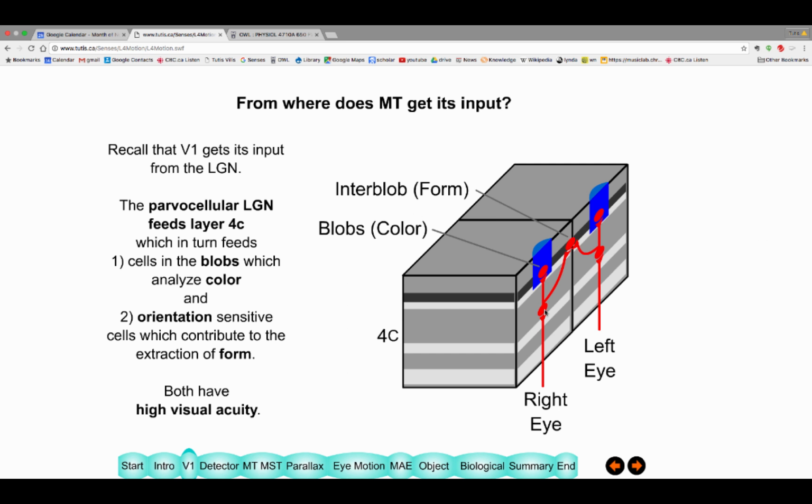We saw also that it goes off to these edges, and you've got your interblob area, all these sort of spokes of a wheel, and you sense what orientation a particular little segment of a line is. And both of these have very high visual acuity.